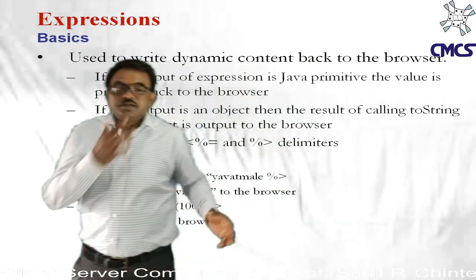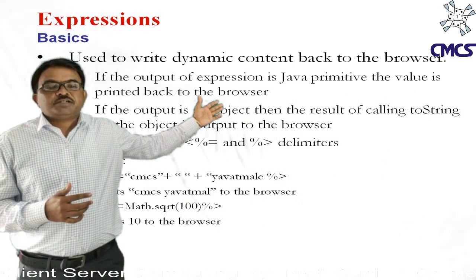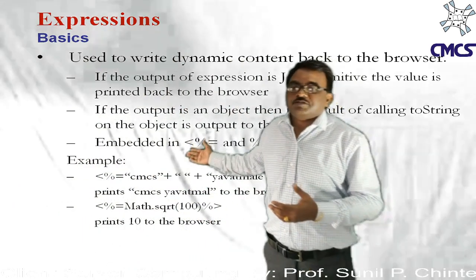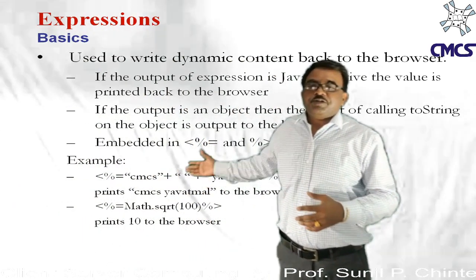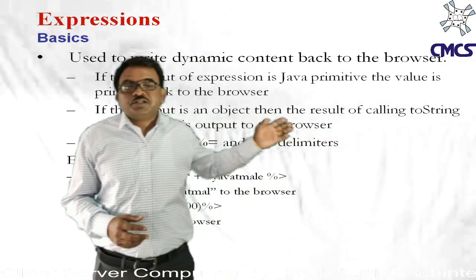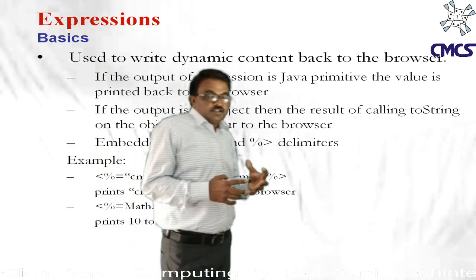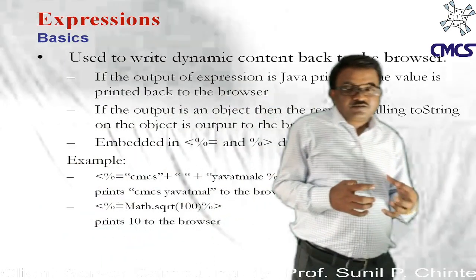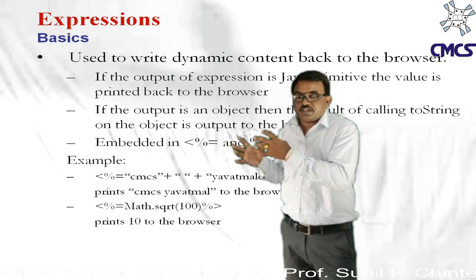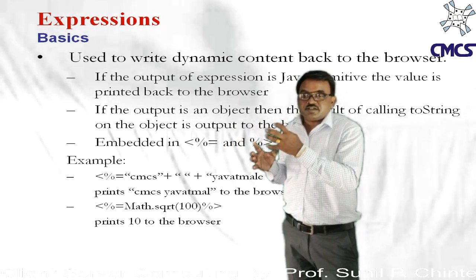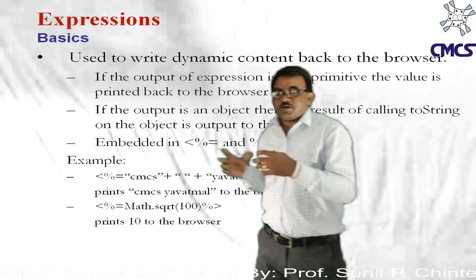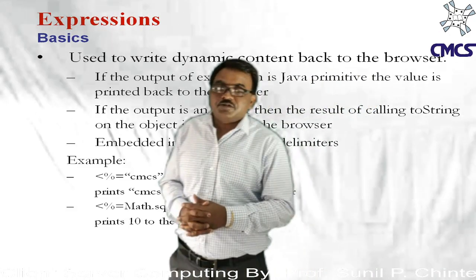If the output of the expression is a Java primitive, the value is printed back to the browser. If the output is an object, then the result of calling toString, means whenever the result is sent back to the browser, that result is converted into a string for display purposes on the browser.